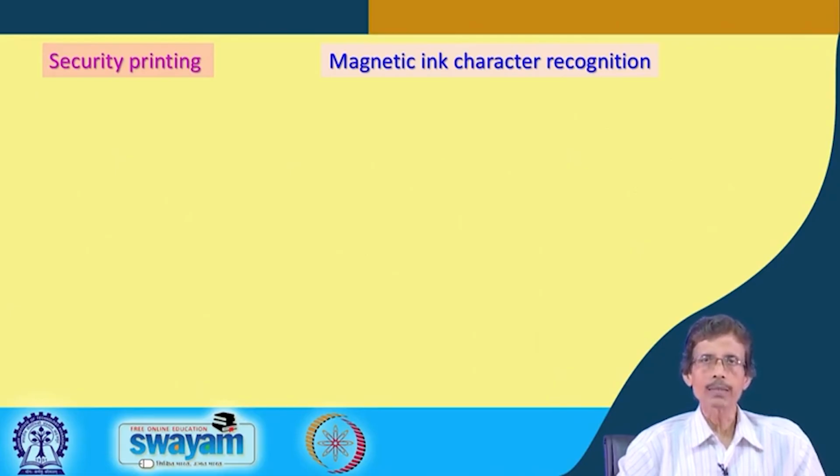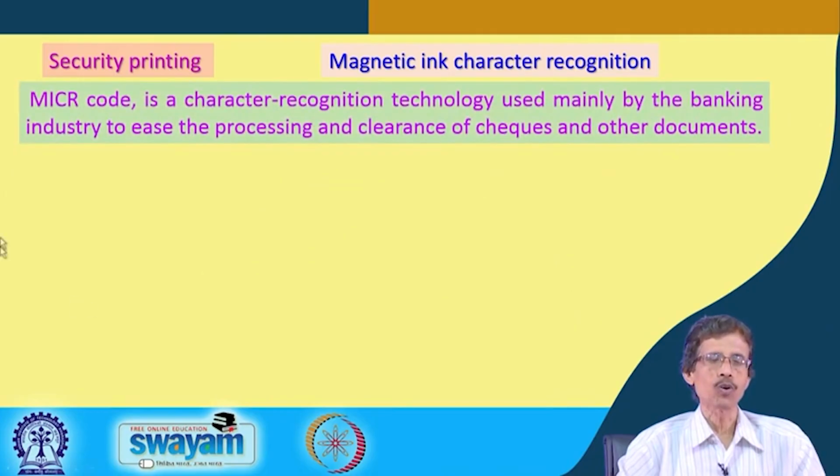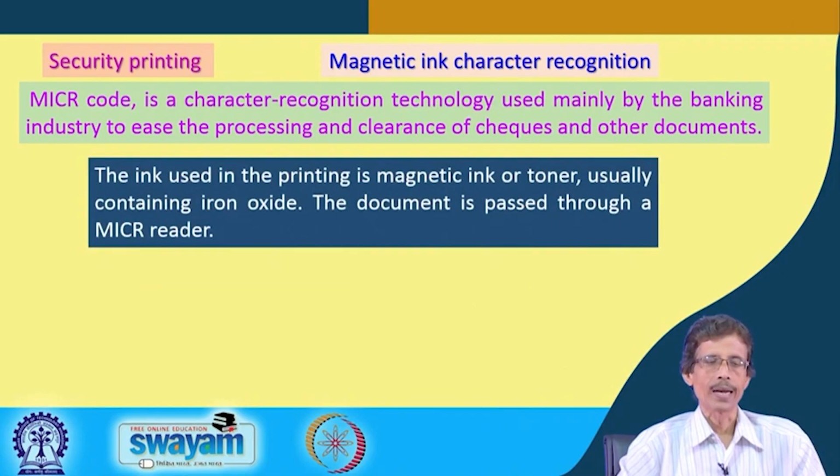Inorganic pigment is used for producing magnetic ink, and that is used for the MICR code, which is a character recognition technology mainly used on bank checks in the banking industry to ease the processing and clearance of checks and other documents by automation, that means by a computer or scanner which can read this MICR code.